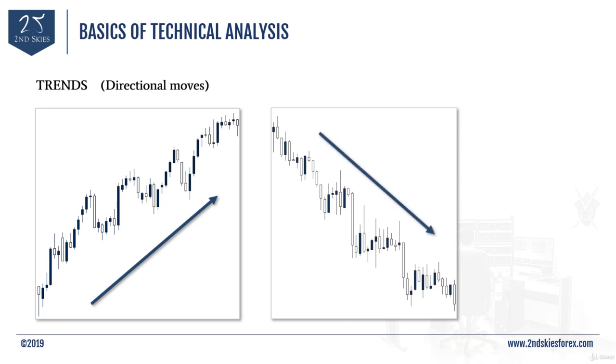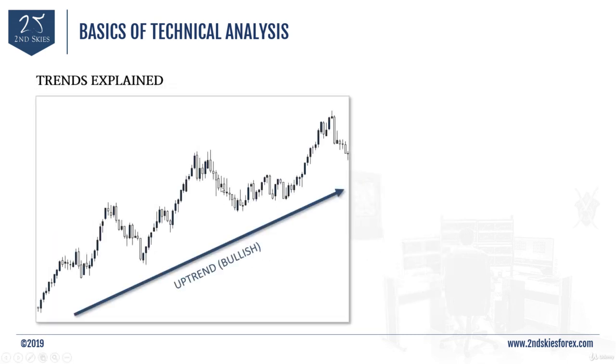So now let's have a look at trends, which are directional moves in the market. And trends can only either move up or they can move down. So we can have a bullish trend or a bearish trend. If you look at how a trend is formed in this chart, you can see a bullish trend. So it's moving from the bottom left to the top right.